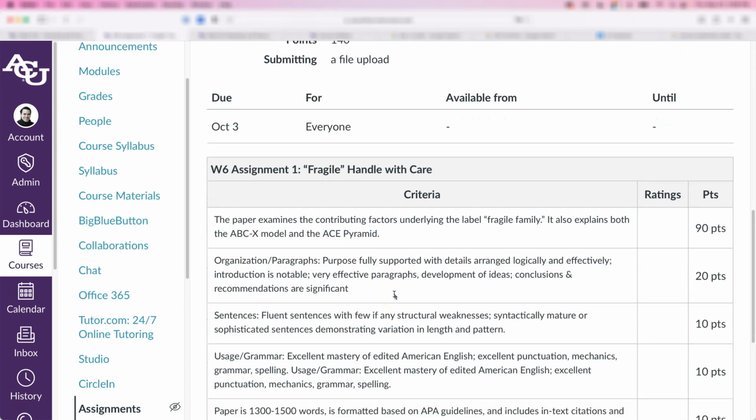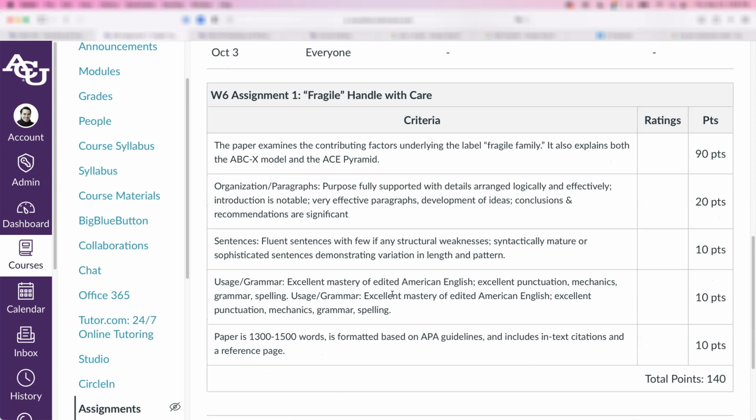And if we look at the breakdown of points here, so out of 140 points, more than half is, have you examined the contributing factors underlying the label fragile family and explained the ABCX model and the ACE pyramid? Okay, so that's, have you done the basic content?